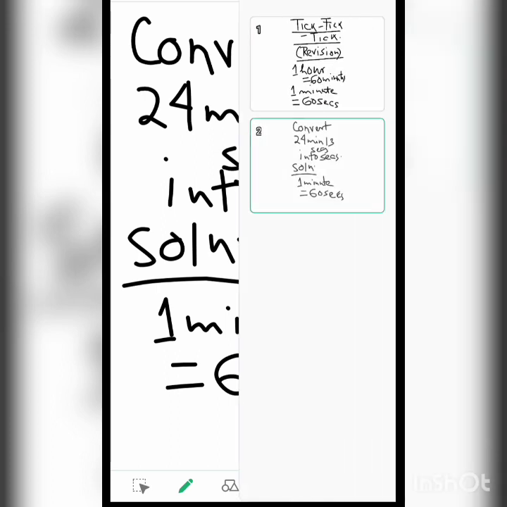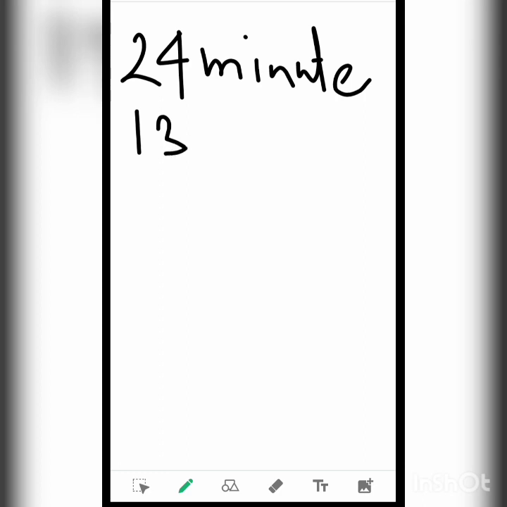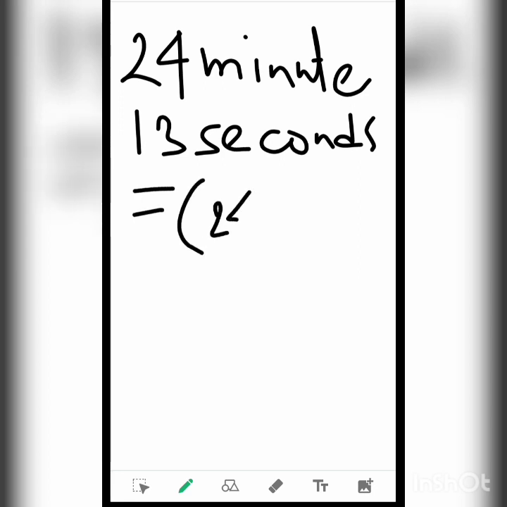Next, I will write the question that I have been given, 24 minutes and 13 seconds. As I have already written the formula, now I will write like this.